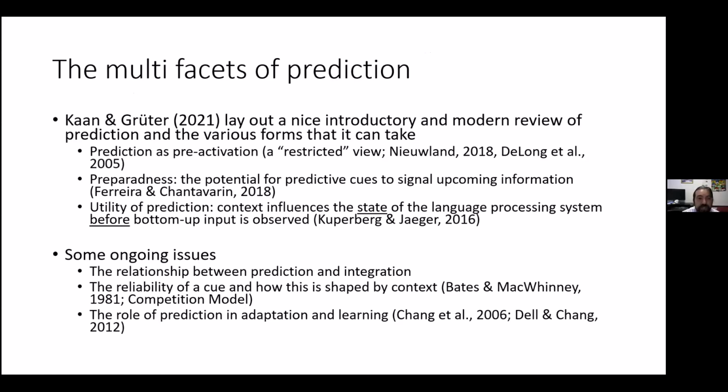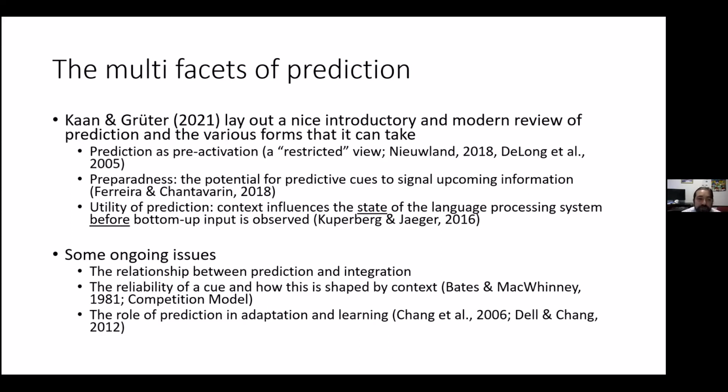They present in this chapter that recent discussions of prediction present essentially three lines of how we can think about prediction. One is prediction as pre-activation, which they also refer to as a restricted view. We can think of this as a very hard version of prediction. In other words, we're actually thinking about the lexical features of what is about to come up. And there are some proponents of this view.